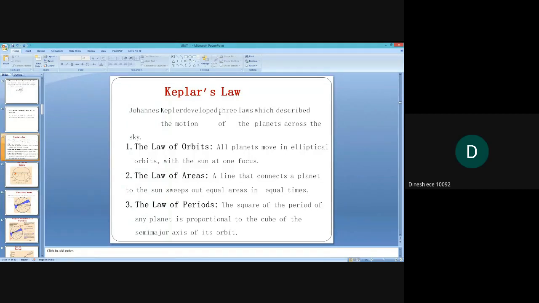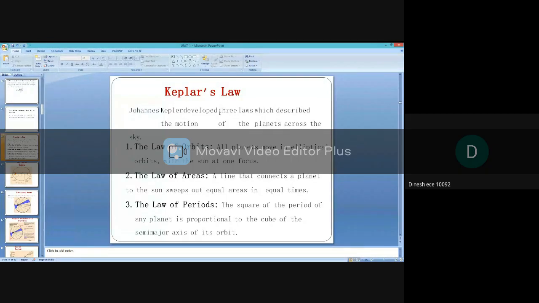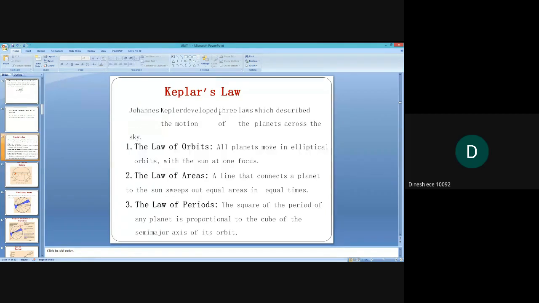The short description: the first law says all planets move in elliptical orbits with the sun at one focus. The second law, the law of areas, says a line that connects a planet to the sun sweeps out equal areas in equal times.